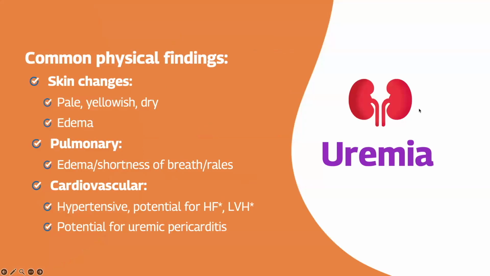So physical examination of the patient with uremia is going to reveal, for example, pale skin, which is going to be related to the anemia of CKD, a yellowish hue due to accumulated urochromes found in the patient's skin that would normally be excreted in the patient's urine, and dryness of the skin due to toxins within the patient's skin, a decreased function of the patient's sweat glands to flush them out, and calcium phosphate deposition.